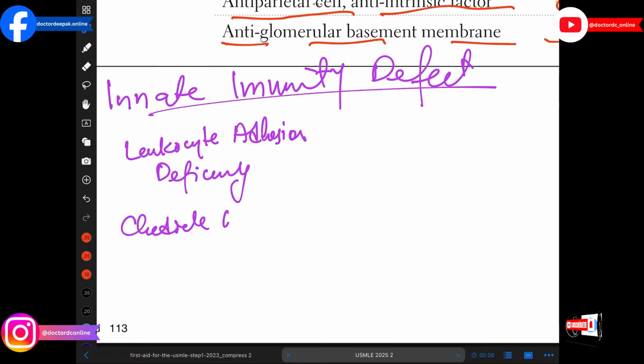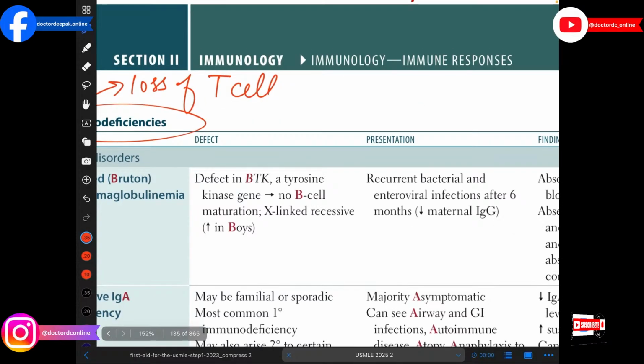In immunodeficiency, a general principle is there is a loss of T cells, B cells, granulocytes or complement.